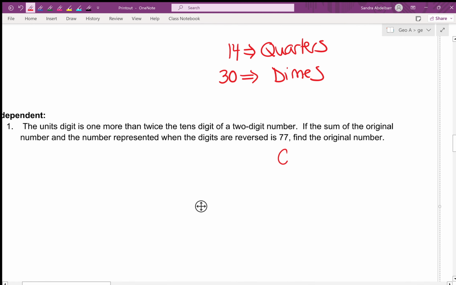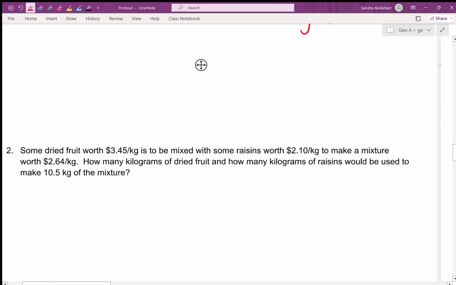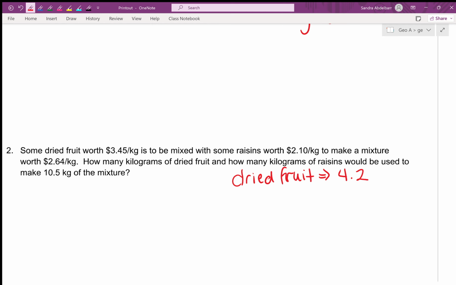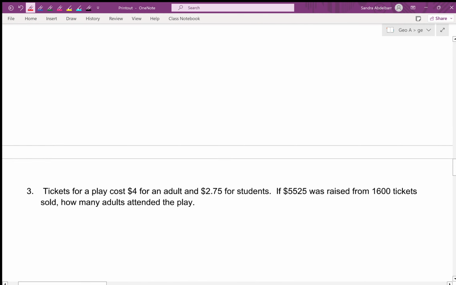Here, original is 25. Dried fruit is 4.2. Raisins equals 6.3. Number 3, adult will be 900.